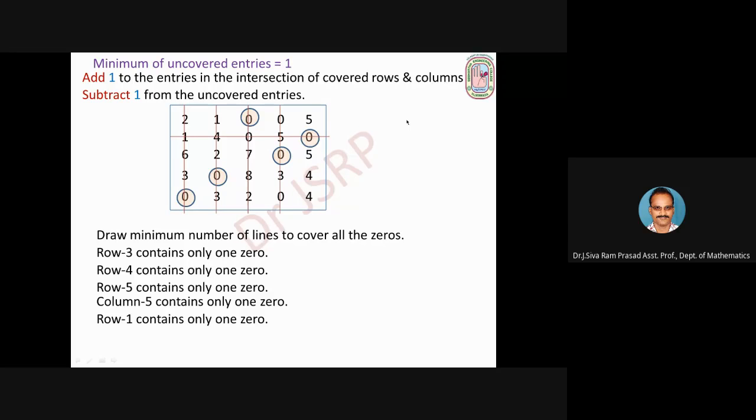So the number of lines drawn equals the number of rows. So the assignment is completed. The present assignment is an optimal assignment.